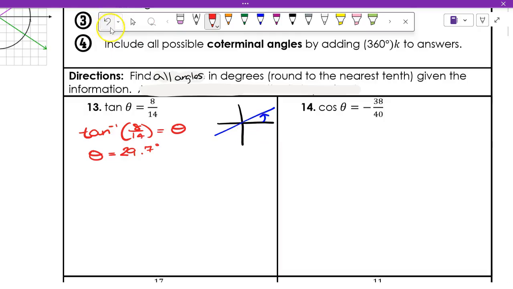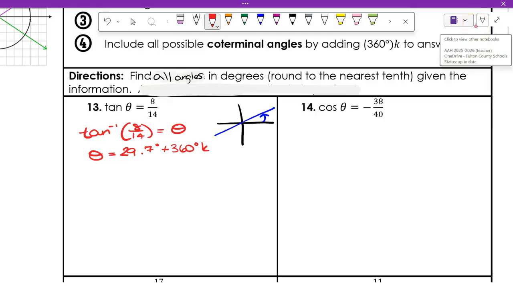So I'm going to say I've got that 29.7 degrees plus 360 degrees K, where K represents some integer input for how many times I circle around. Was it 1 time, 2 times? Was it 46 times? Was it negative 22 times? How many times have I gone around this circle in a full 360 degrees? That's all it represents.